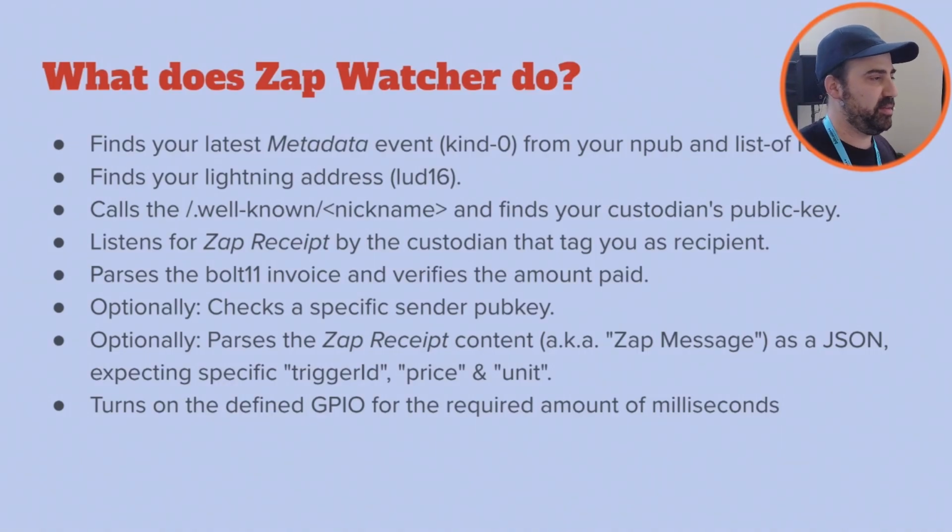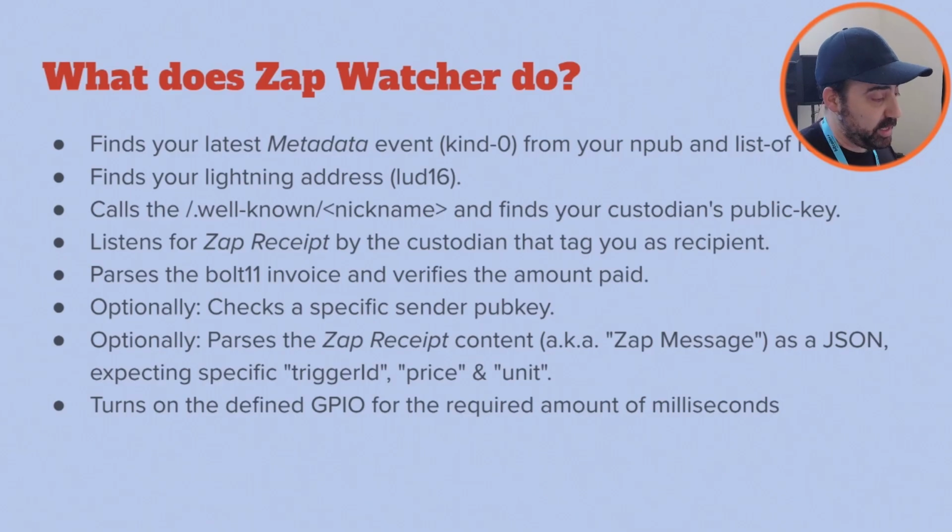So what is inside the box? There is an ESP32 device that has the ZapWatcher code. I'll show you a link to the GitHub later. And when it executes, it searches for the metadata event of the Nostr profile that you configured.